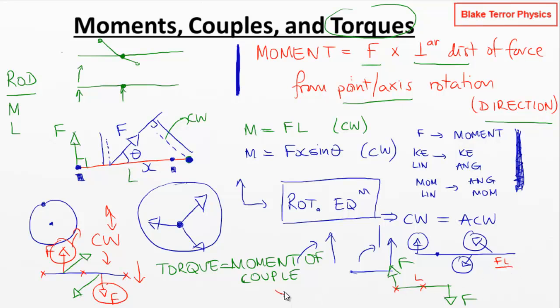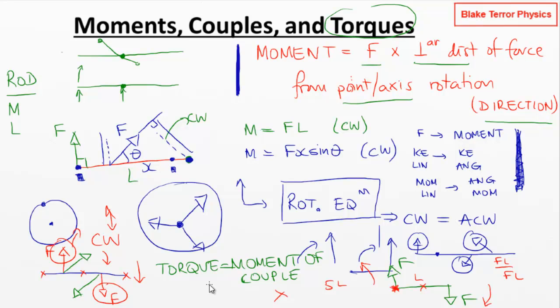Say you pick some point all the way over here, which is 5L away from one end of the rod, then we've got 5LF going anti-clockwise and we've got 6LF going clockwise. So the difference again is FL. So it doesn't matter where you put the point or axis of rotation for a couple, you're always going to get the same torque. It always produces the same moment.